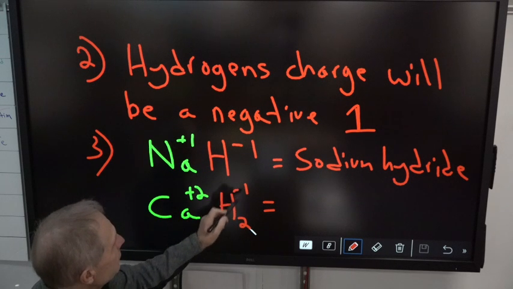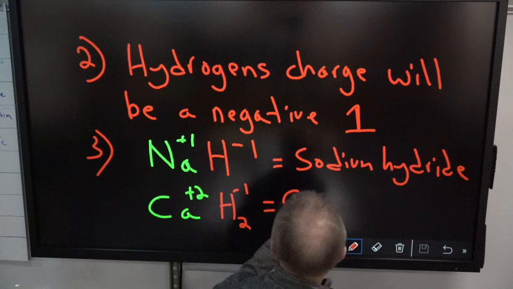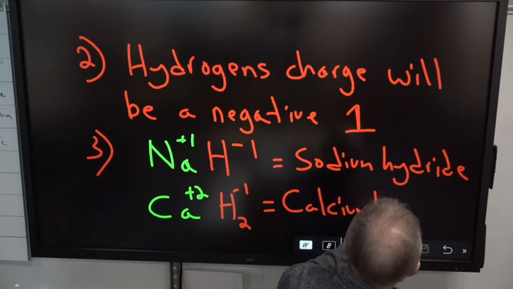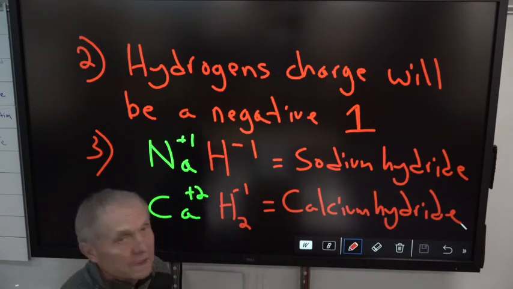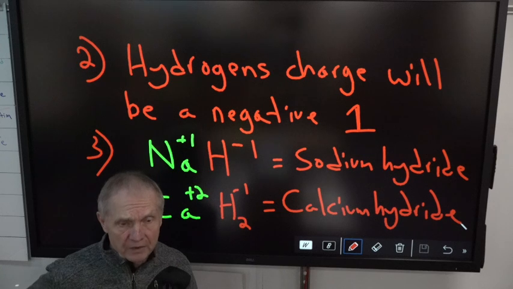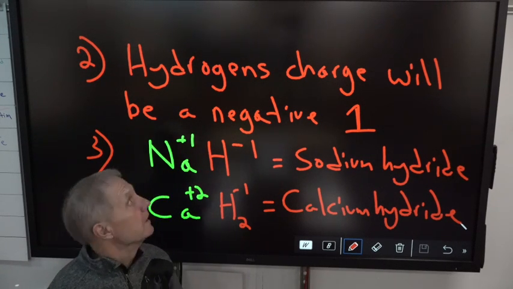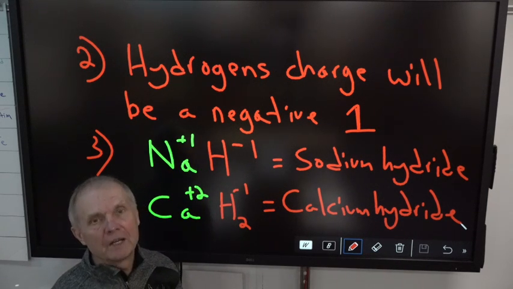So it's CaH2, and the name is calcium hydride. There we go. So, the 3 types of ionic bonds: metal to nonmetal, metal to polyatomic ion, and metallic hydride. Those are the 3 types of bonds.